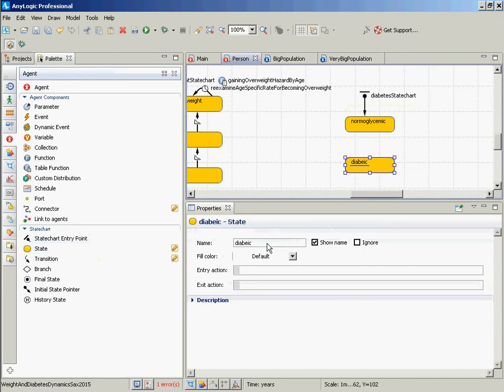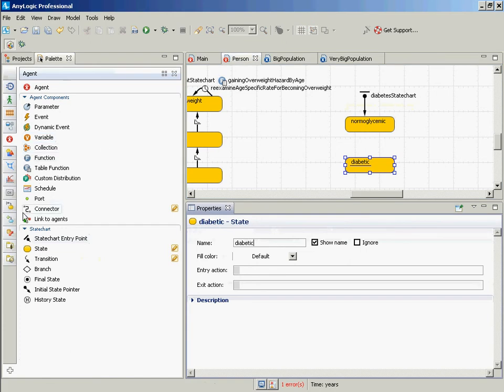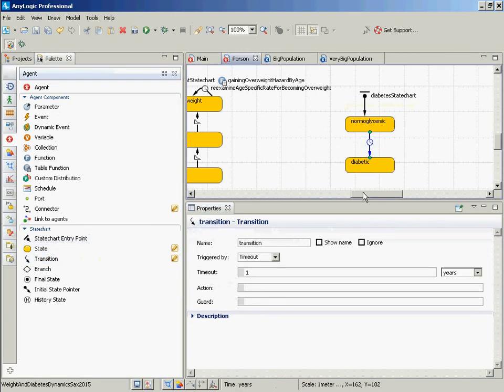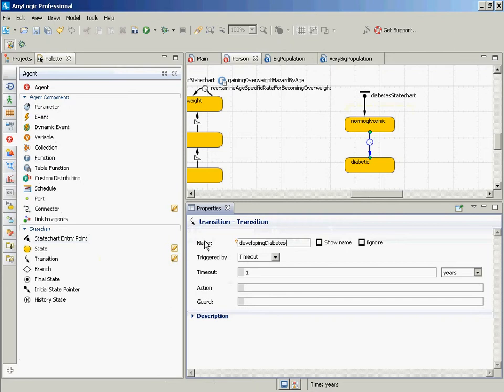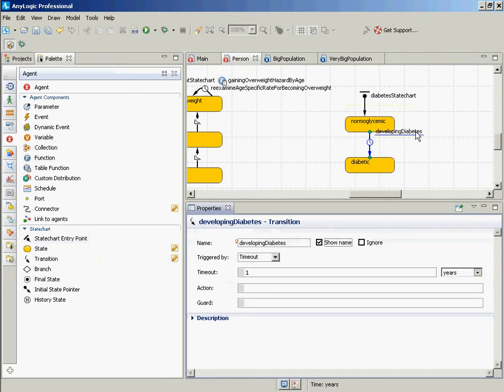Okay, and then I want to add a transition between them. Okay, and this is going to be developing diabetes. Okay, and I want to show the name.